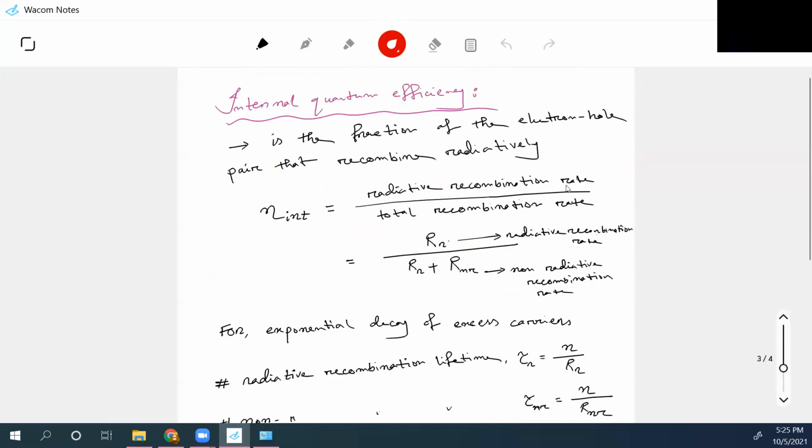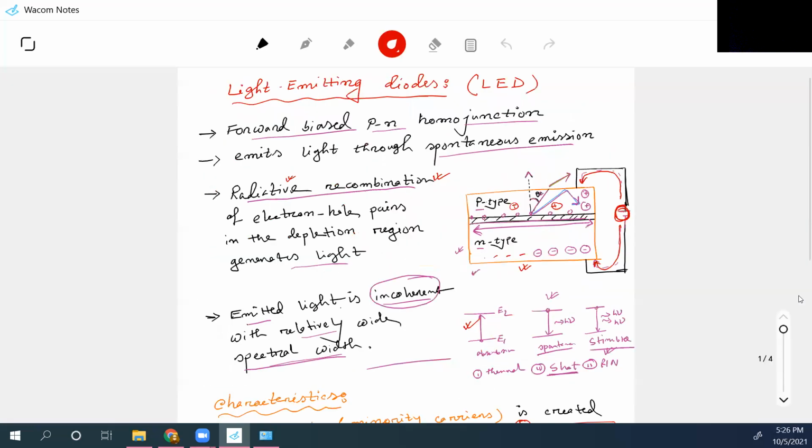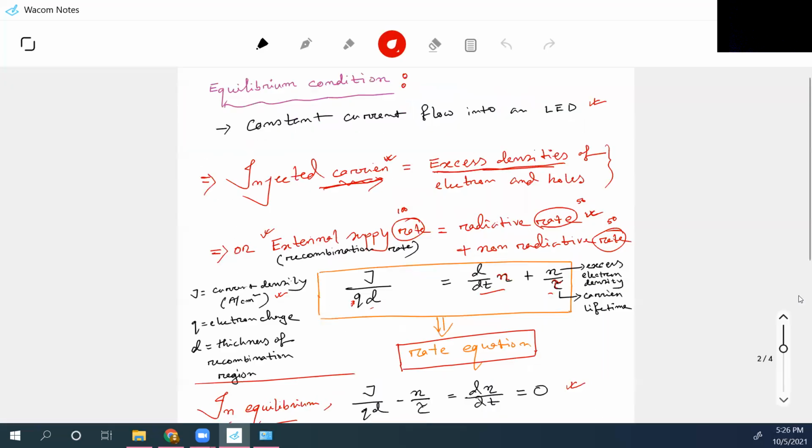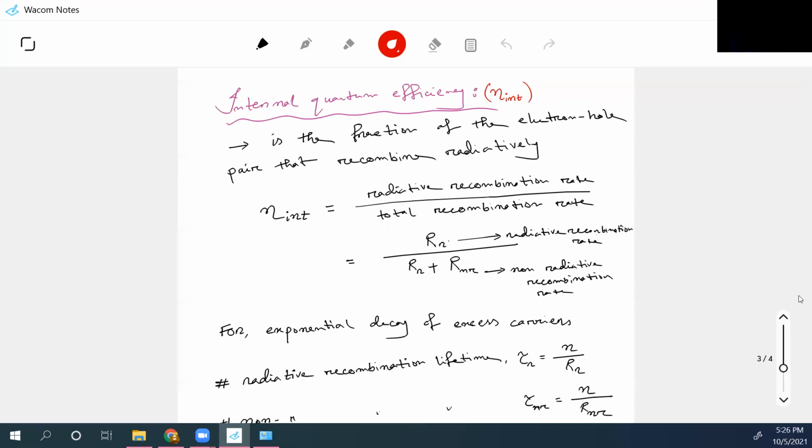Now we would like to know the internal quantum efficiency, denoted by eta internal. As the name suggests, there could also be an external quantum efficiency, but now we are looking inside the mechanism of the LED. We call it quantum efficiency because it happens at the quantum level. So what is the internal quantum efficiency? It is the fraction of electron-hole pairs that recombine radiatively.